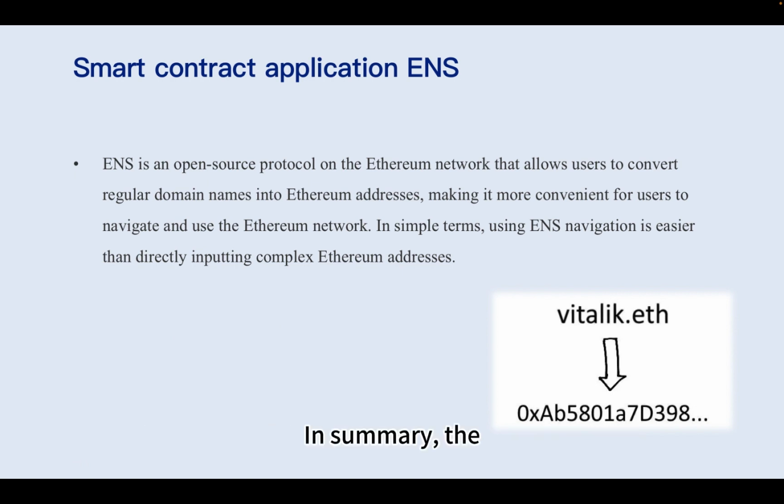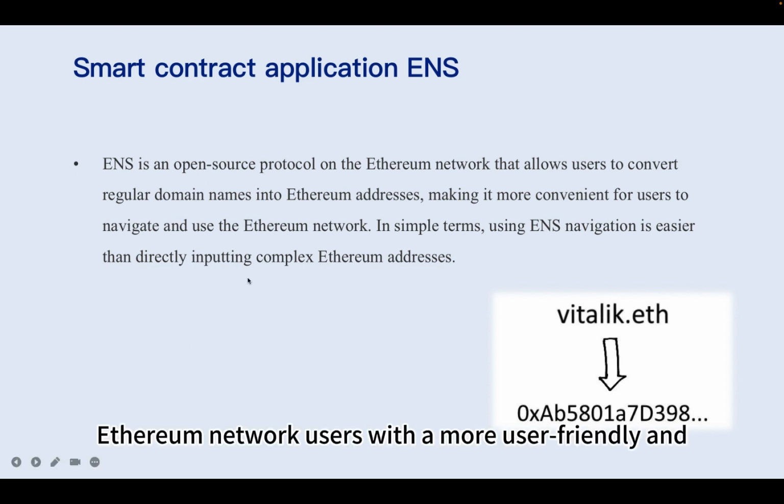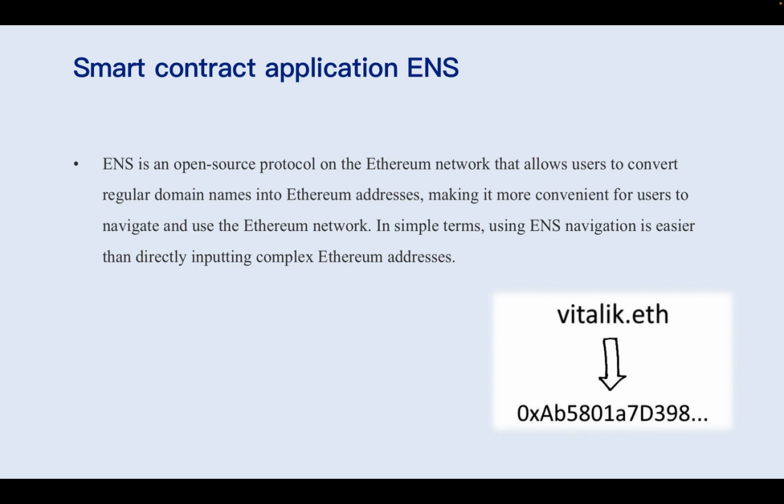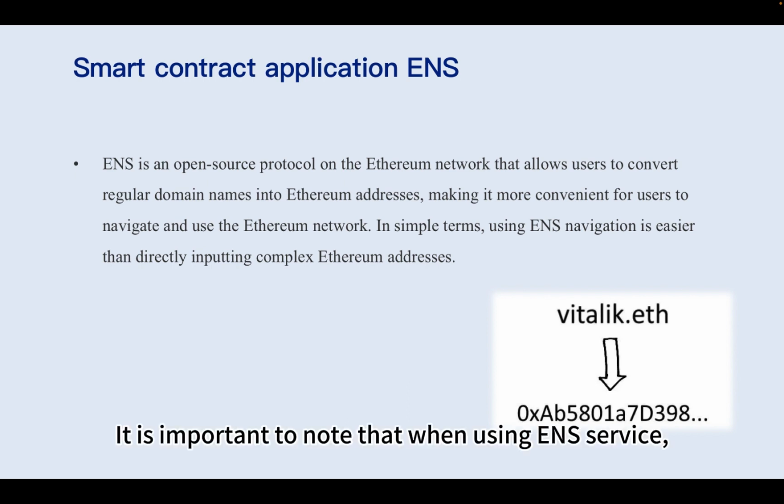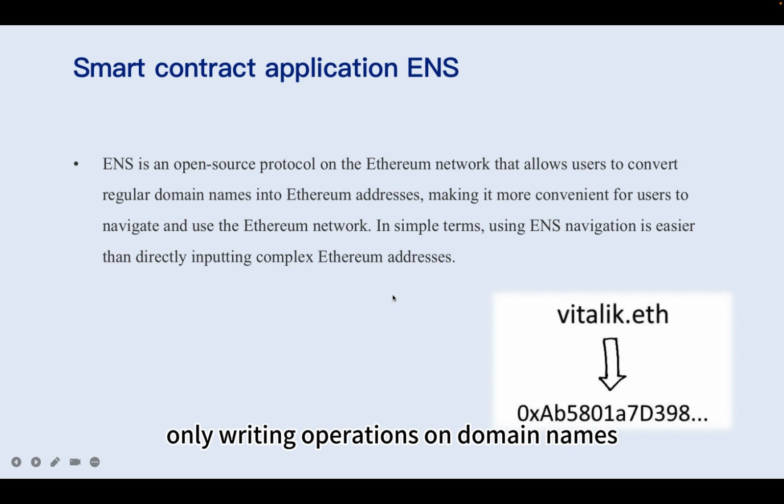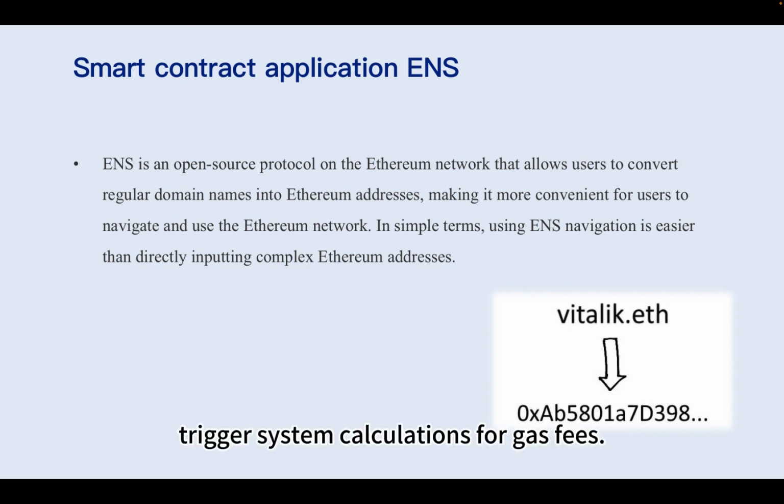In summary, the ENS smart contract provides Ethereum network users with a more user-friendly and accessible way, promoting the growth and development of the Ethereum ecosystem. It is important to note that when using ENS service, only writing operations on domain names trigger system calculations for gas fees.